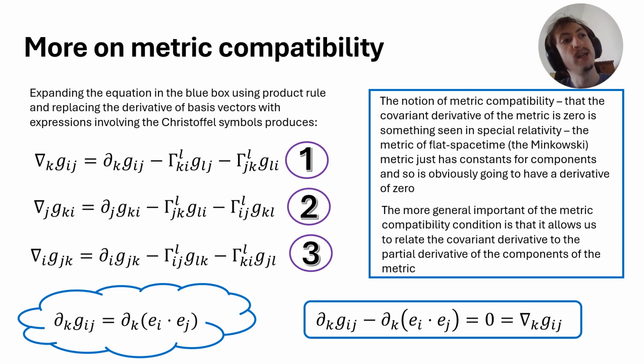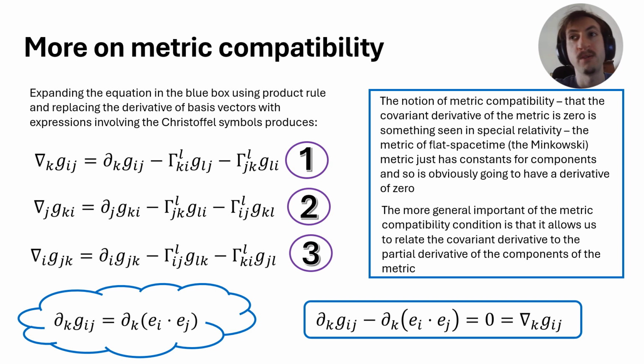It's because if we combine these 3 simultaneous equations with our condition of our connection coefficients being torsion free, then we'll end up with an expression that links our connection coefficients to the rate of change of the components of our metric.